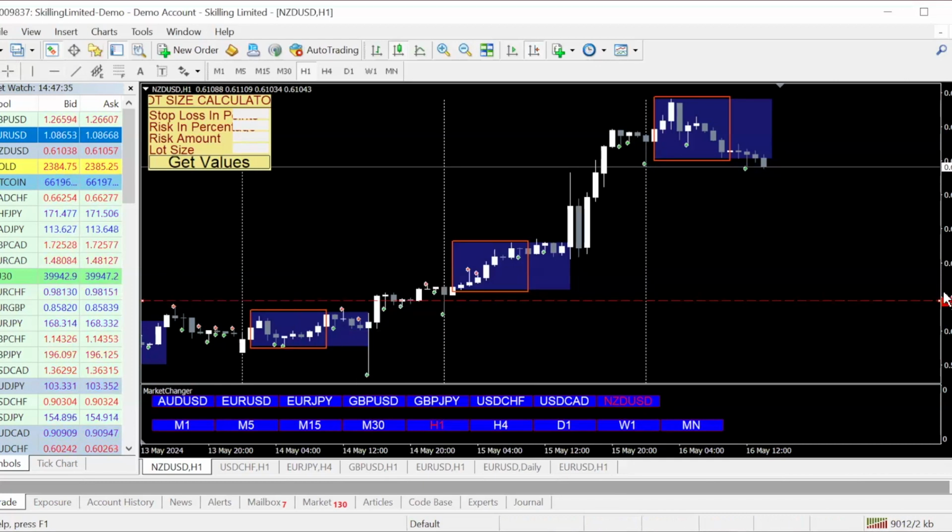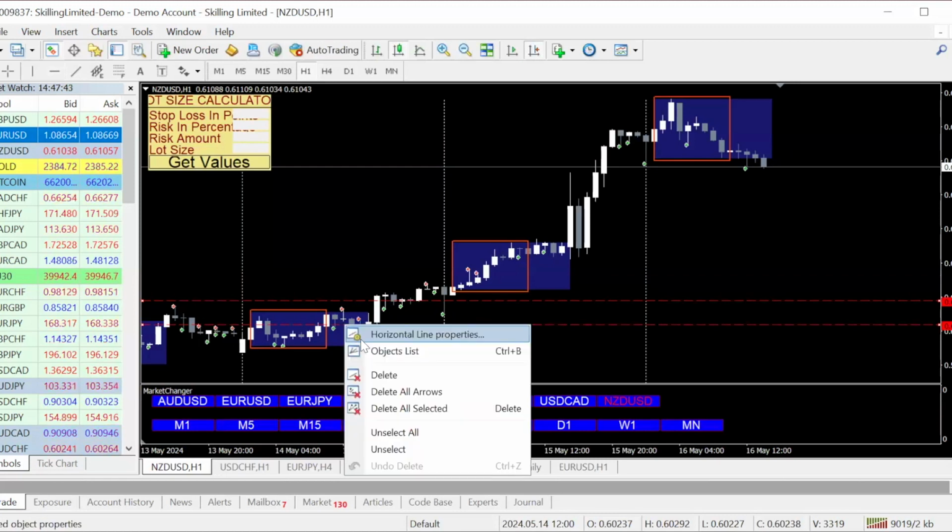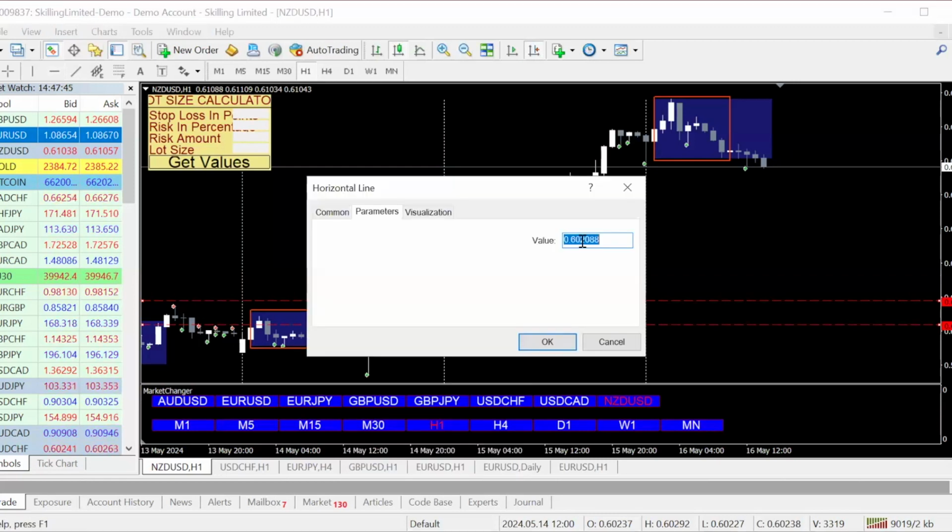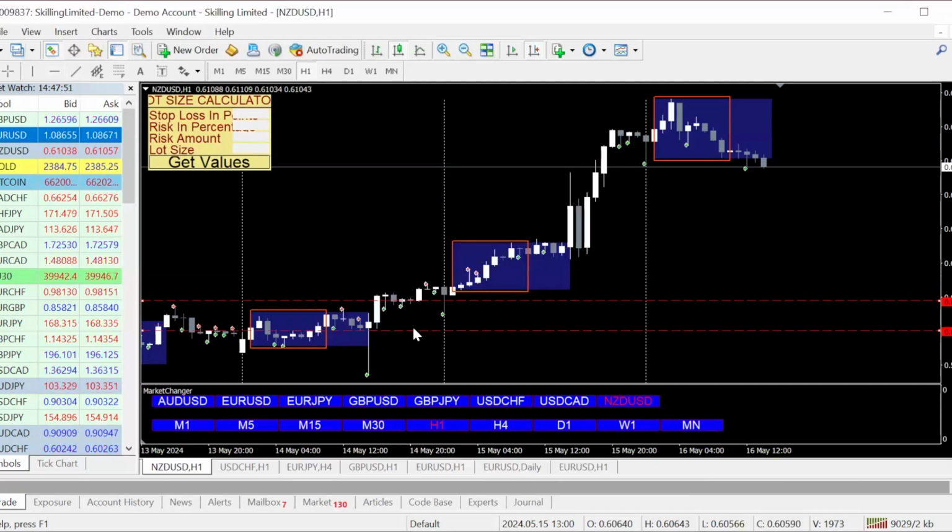Then the next one here will now be 0.60177. Okay, so this is where our entry is going to be. This is where our stop loss is going to be.